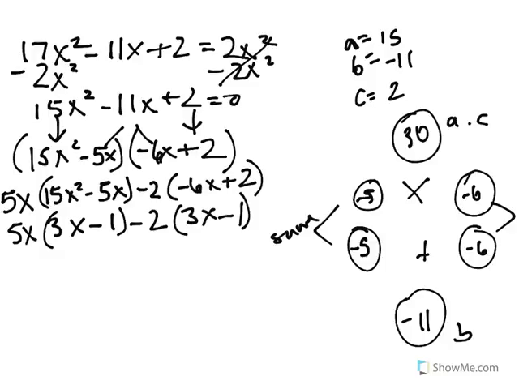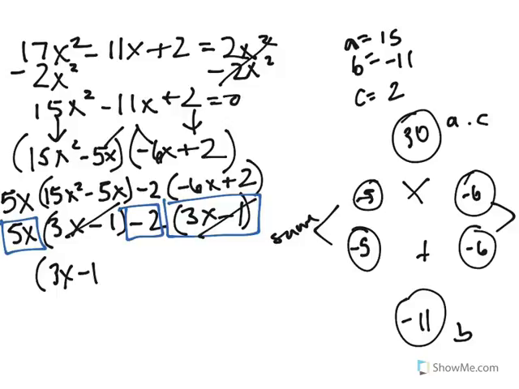So this is going to be a term, and then these two are going to be a factor. So we have 3x minus 1, and then we're going to make the second factor with 5x minus 2.